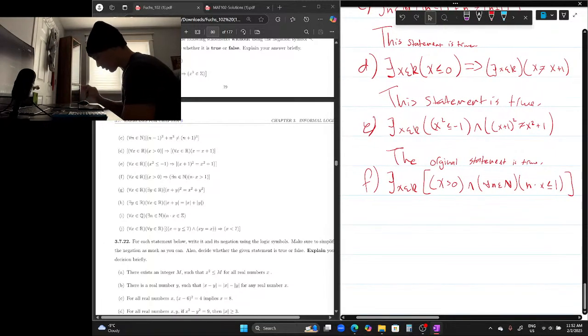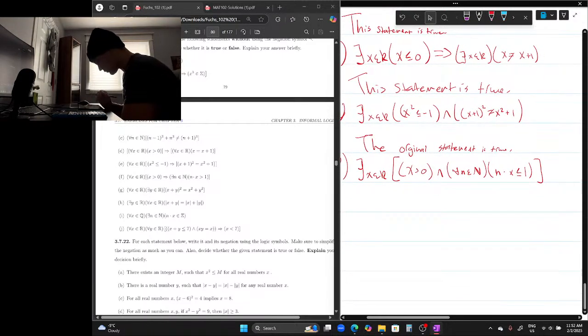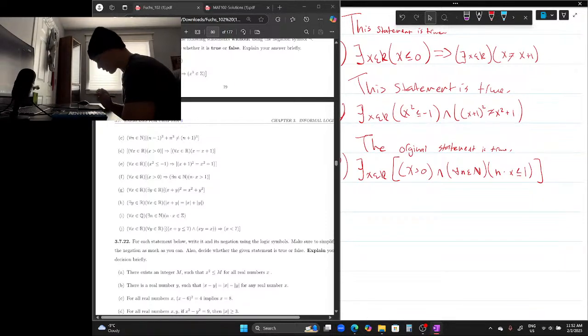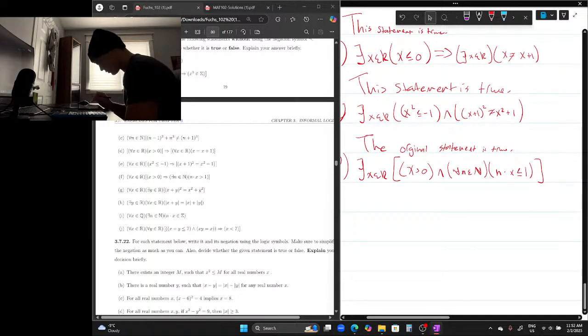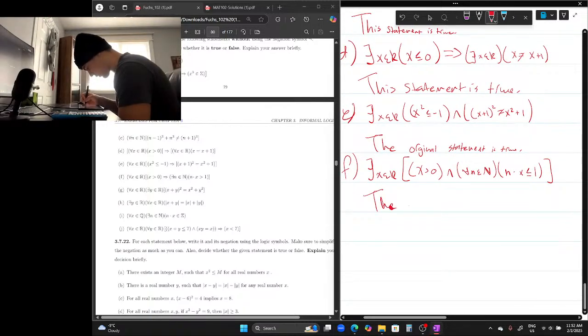There exists an x in R such that x is greater than 0 and for all n in N, so this statement is true because you could have n be equal to any number and this statement is true. The original statement is false.